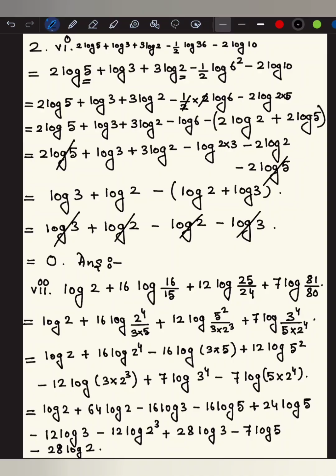So log m into n can be written as log m plus log n, and here it is minus, so we can write it as minus 16 log 3, again minus 16 log 5, plus 12 log 5 square. This 2 comes here and gets multiplied by 12, so 12 into 2 is 24, so plus 24 log 5. Got it?